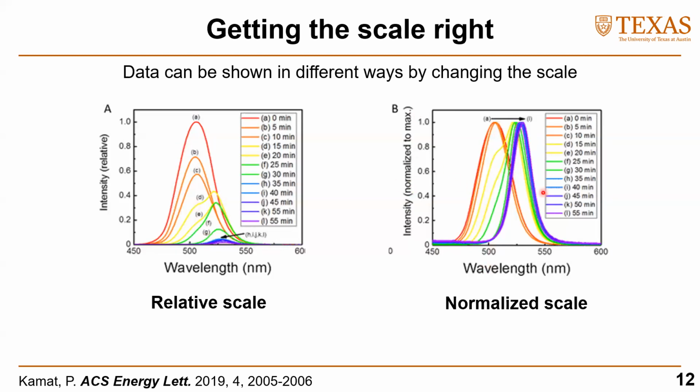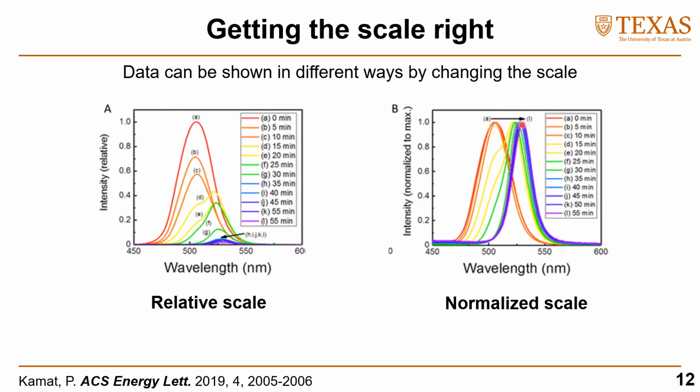And notice that in these two, we use these plots to show trends. On the left one, we show that the intensity decreases over time, right? After 55 minutes, the maximum intensity is below 0.1. It's below 10% the intensity of the first one, right? On the plot on the right, we see that there's a peak shift.